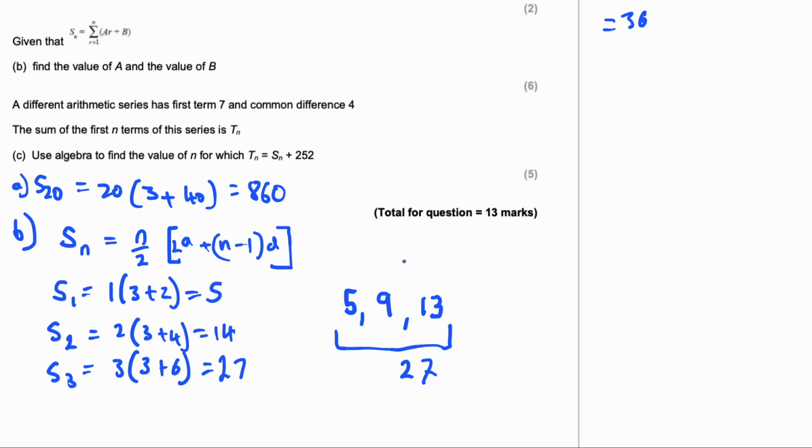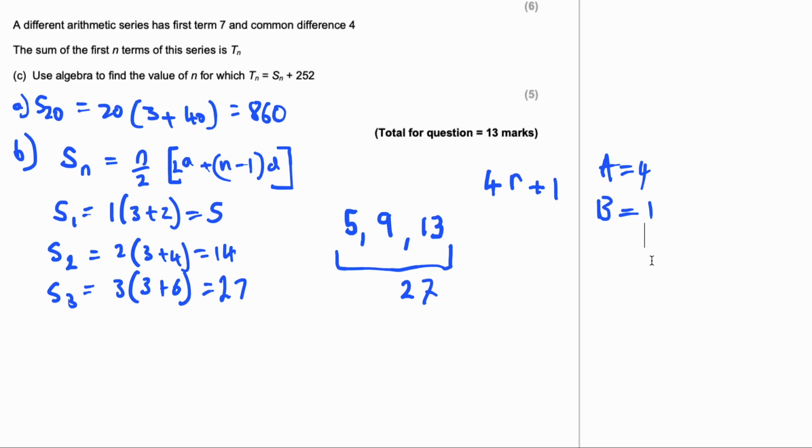So now we can see our arithmetic sequence. Our first term is 5, and our difference is 4. So the difference is 4 means it's going to be the 4 times table. So check the first term, 4 times 1 is 4, but we want 5, so plus 1. Therefore A is 4, and B is 1.